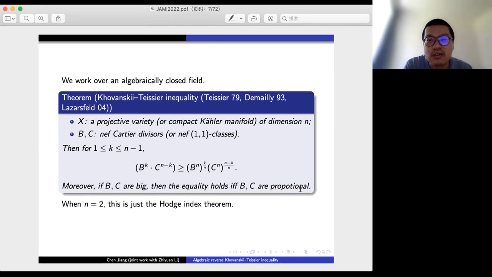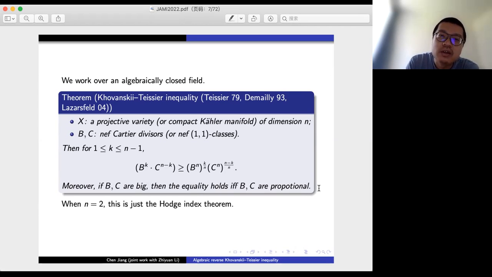For example, if n equals 2, then it says nothing but the Hodge index theorem. And I think the proof, if we are familiar with it, is a consequence of the Hodge index theorem. You just do induction. It's not so hard.